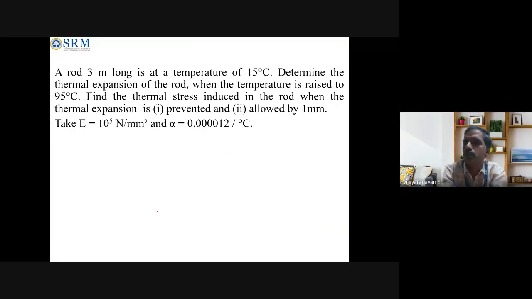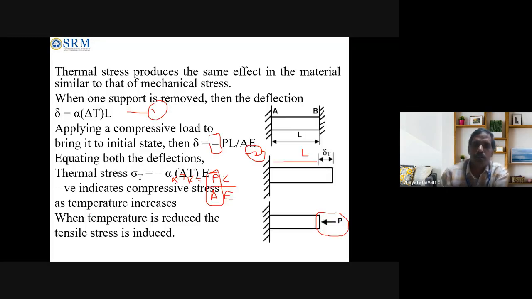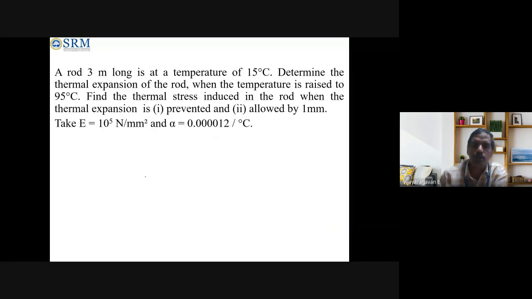So now let us take one example here. Before that, if you want, you can make a note of it. Thermal stress is given by alpha into T into E, and expansion is alpha TL. This is the formula we are going to use. In this problem, we have a rod 3 meters long at a temperature of 15 degrees centigrade. These are the initial conditions.